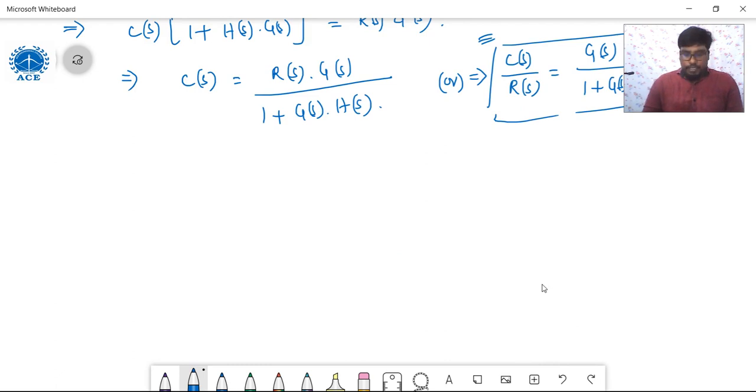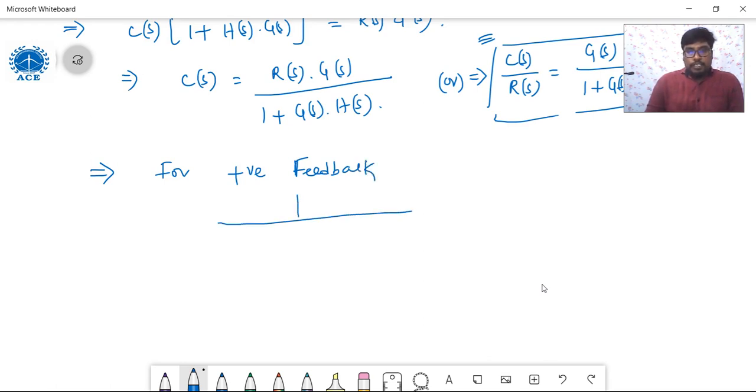Now we'll see negative and positive feedback. For positive feedback, if I consider unity and non-unity feedback, what does unity mean? Unity feedback means H(s) is equal to 1.